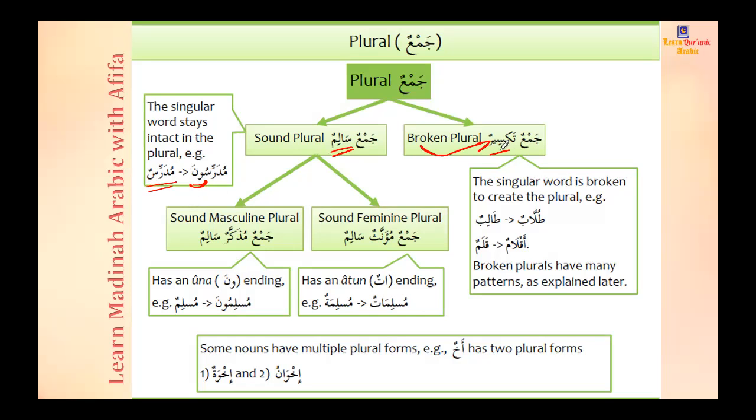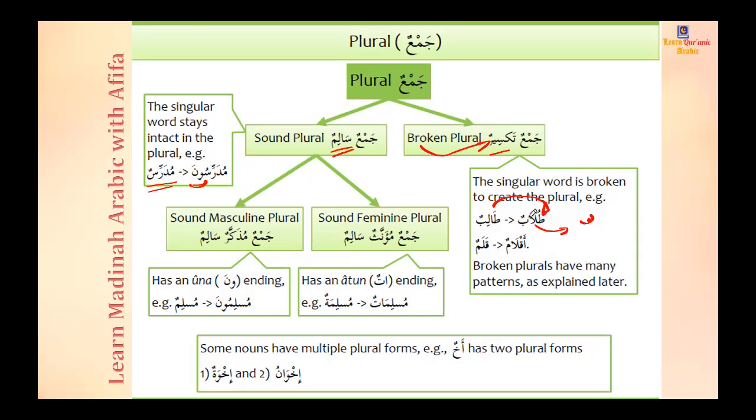In the jama'un taksir, what happened is the structure of the word changed. For example, talibun means one student. If you make it plural, it's tulabun. Notice how there's a dhamma on the first letter. Here there's a fatha. Notice how the lam has been doubled with a shadda.